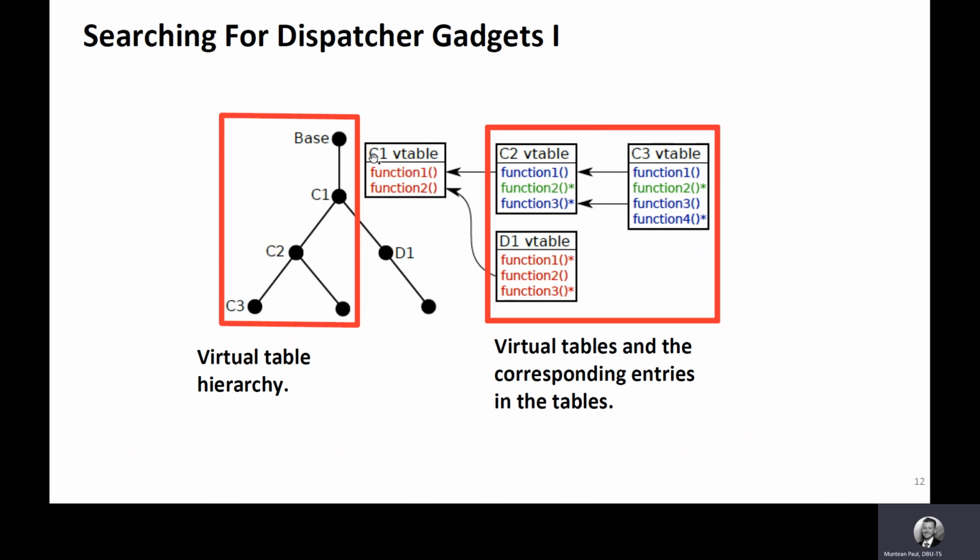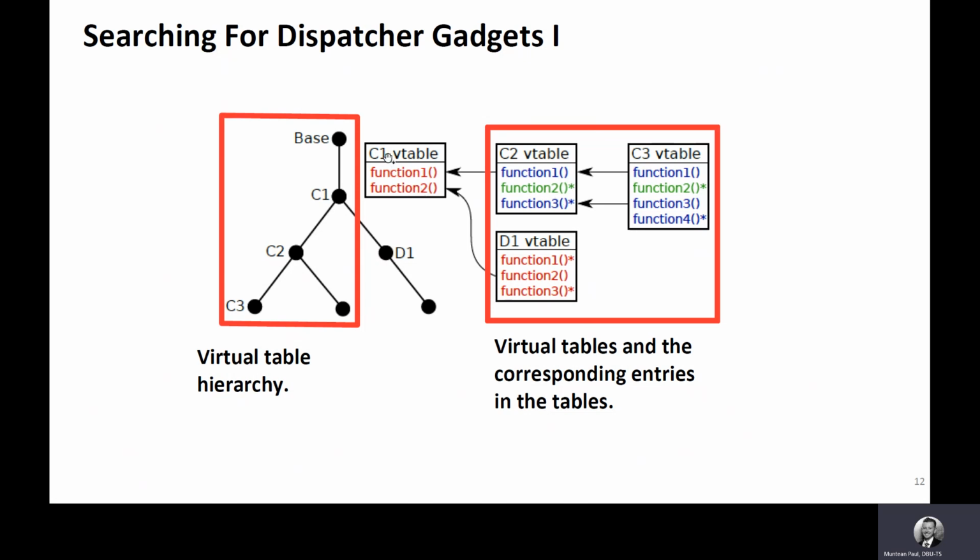So basically, the tree or the class hierarchy is traversed, and based on the present virtual entries there, we might find different types of dispatcher gadgets, also based on the functions which can be called from these dispatcher gadgets. So this is just a visual representation to give you an idea on how this tree maps to different types of entries in the virtual tables.